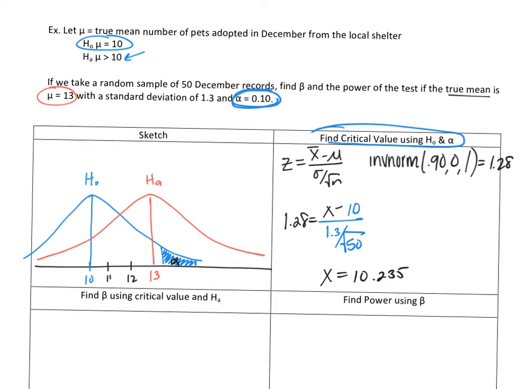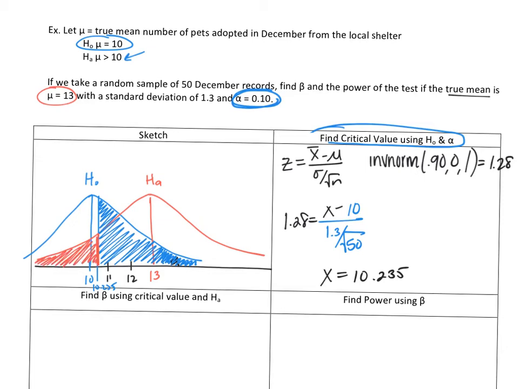All right, so where I guesstimated my alpha was here, it's actually somewhere over here. So let's adjust this drawing to scale. 10.235. All right, so here it is. 10.235. So on the null curve, this is all alpha. Big probability of a type 1 error. On the alternate curve now, remember they share this critical value.